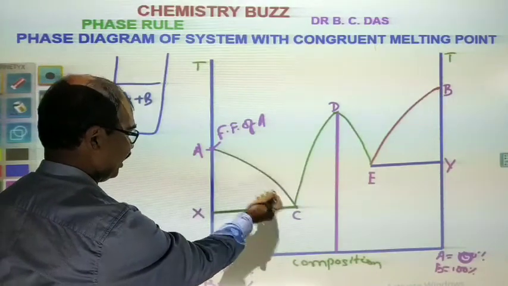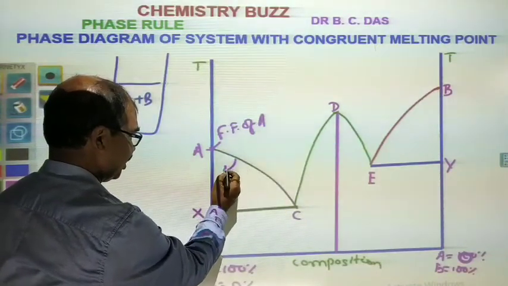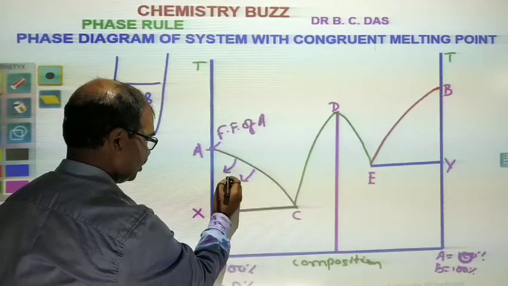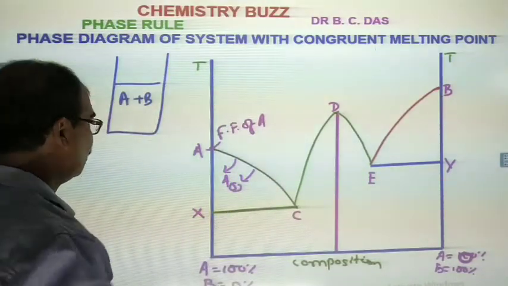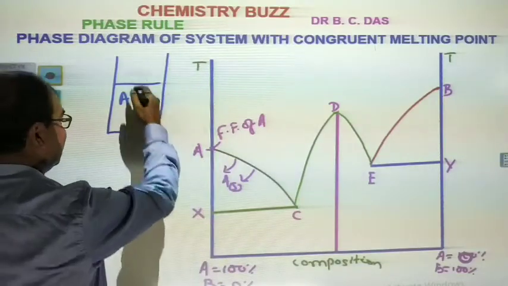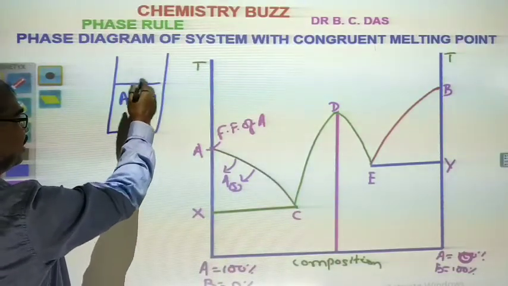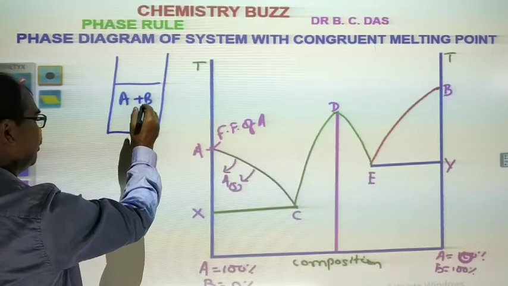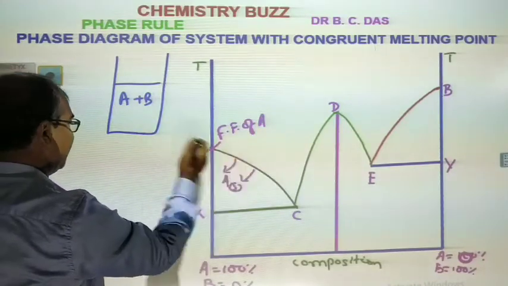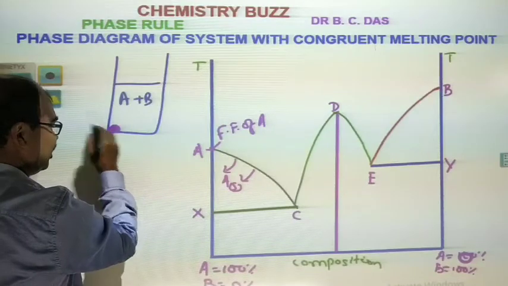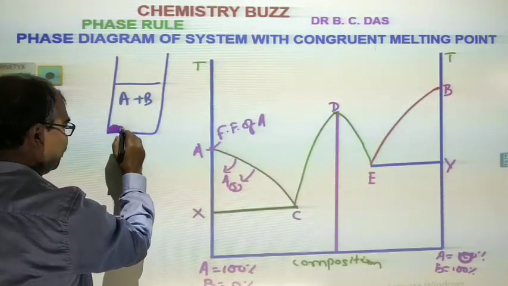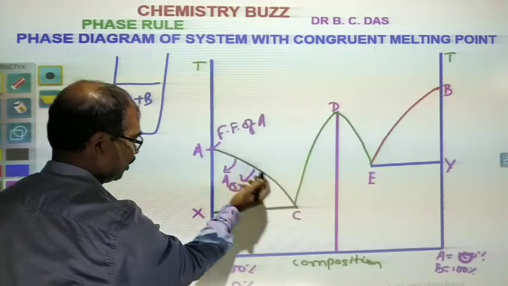On this line we get the solidification of A at different compositions, so solid A is formed. We take the mixture and heat it; it is soluble in the liquid phase, and when we cool it, the solidification of A will start here, and more solidification will occur as we move along this curve.